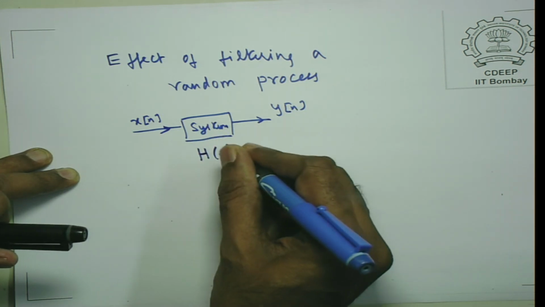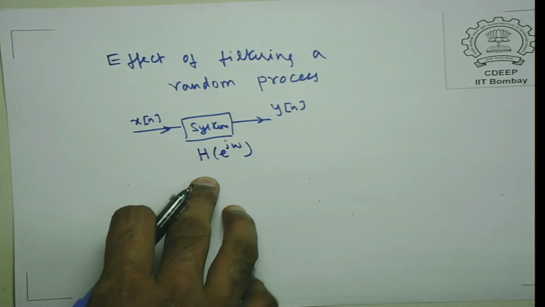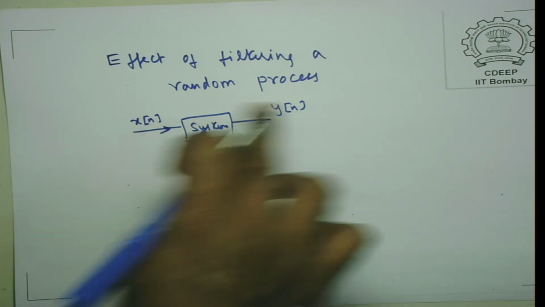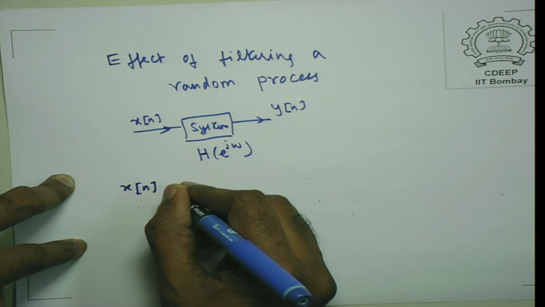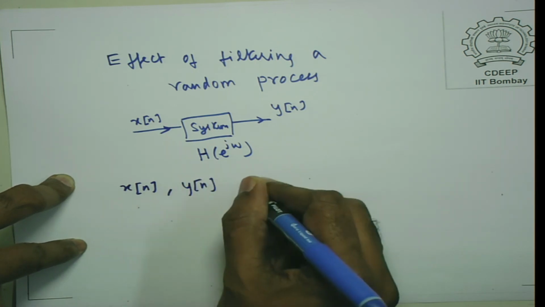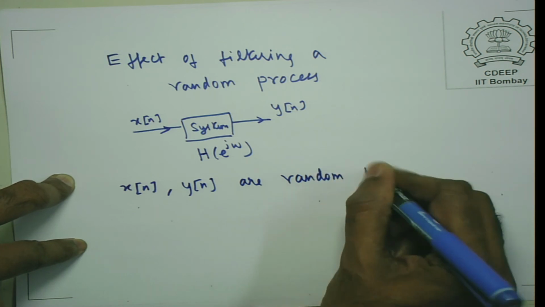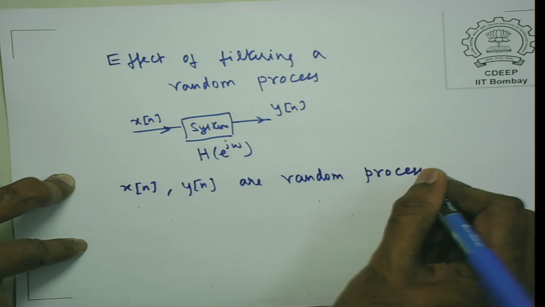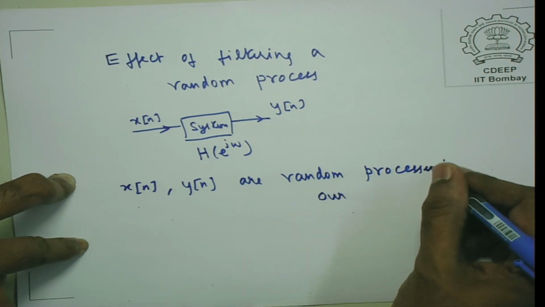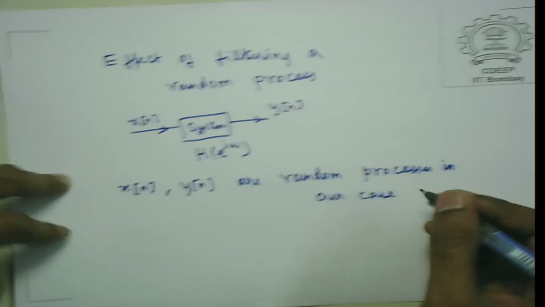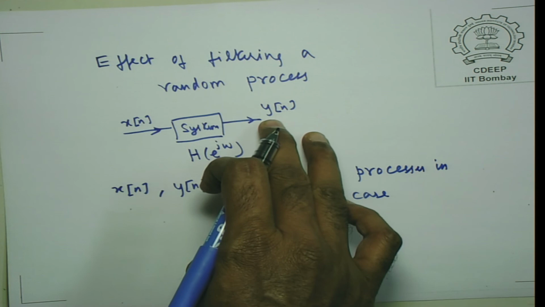Let's say it is an LTI system with a frequency response, and we want to relate x of n to y of n. In our case it could be a noisy input signal, and the system is trying to do something, and we want to look at what y of n is.